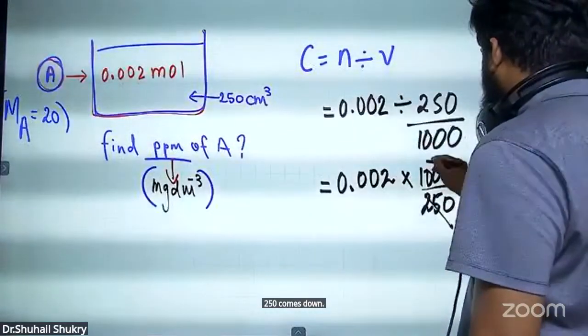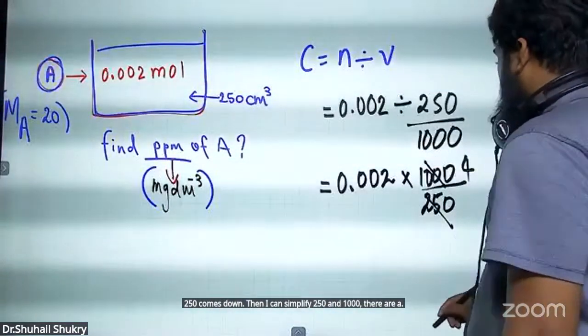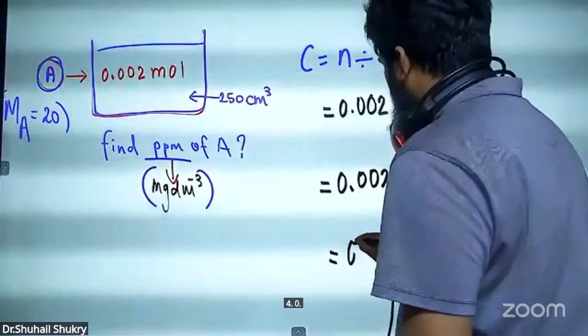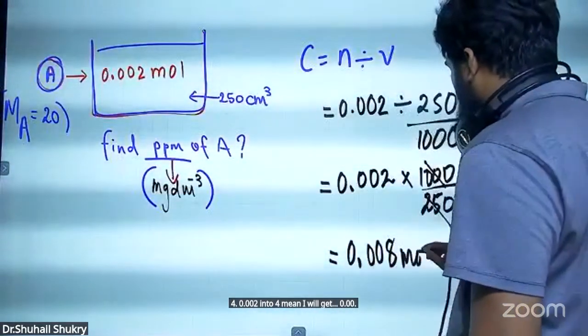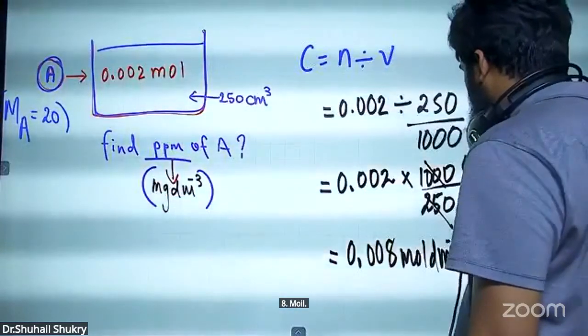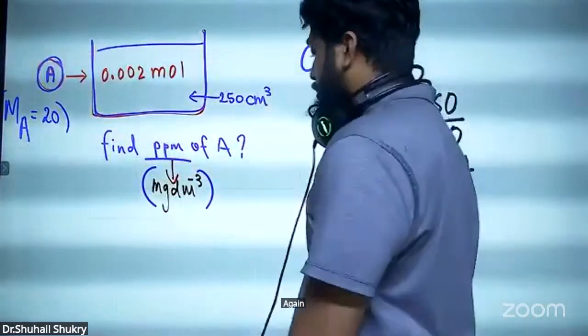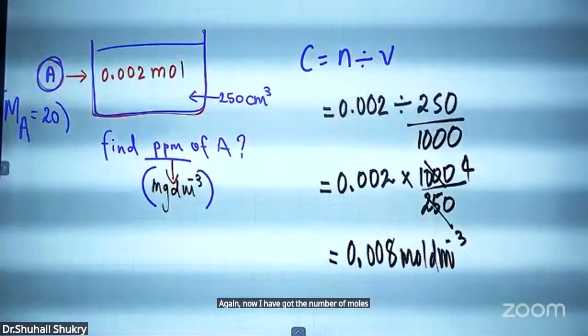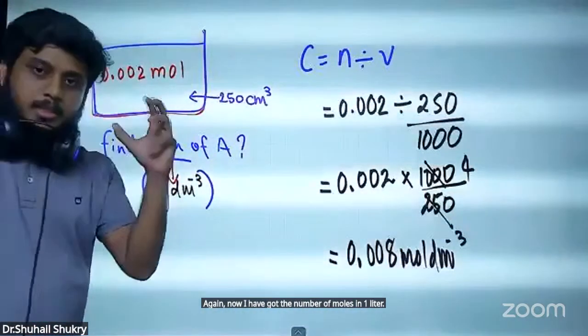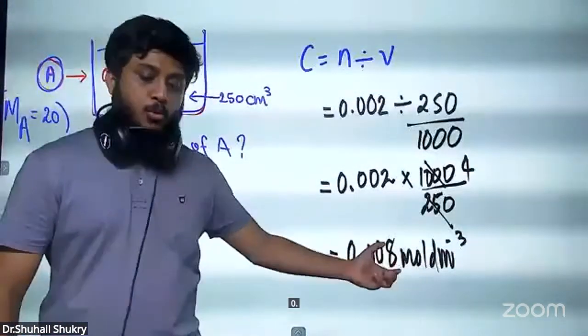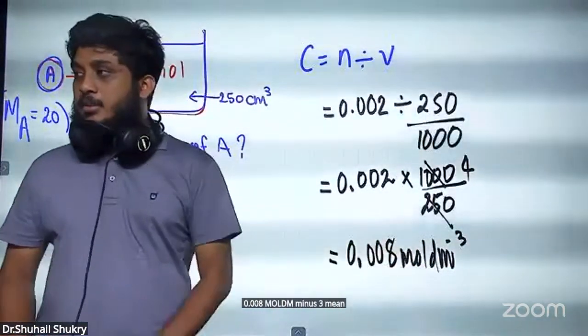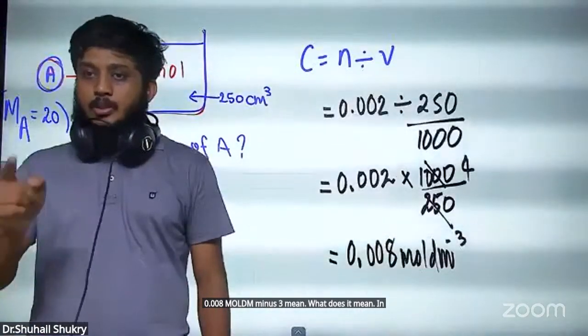I can simplify 250 and 1000, which gives 4. 0.002 into 4 gives 0.008 mol dm minus 3. Now I have the number of moles in 1 liter. You should know that decimeter cube means liter. 0.008 mol dm minus 3 means that in 1 liter, there are 0.008 moles.